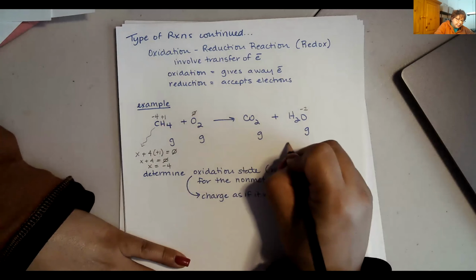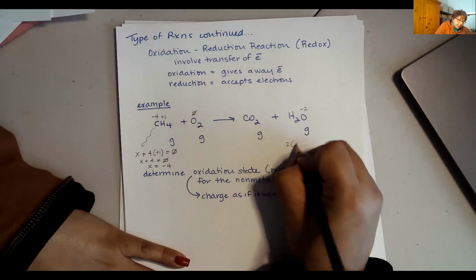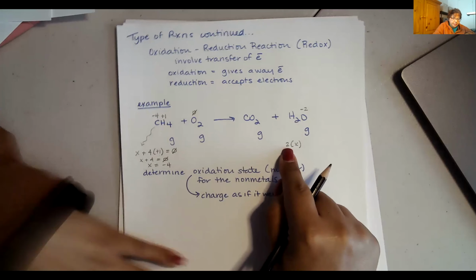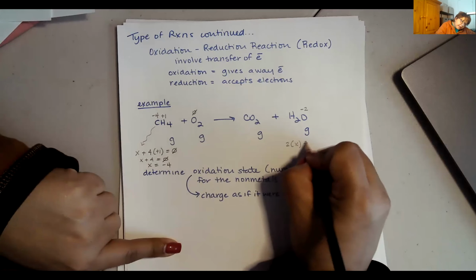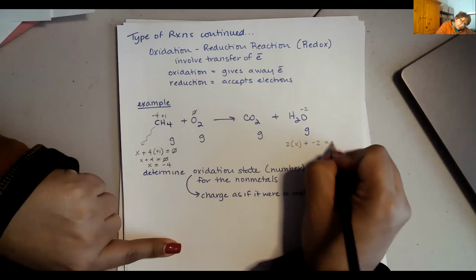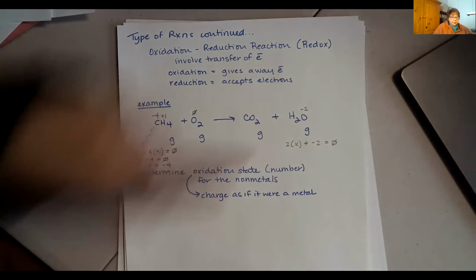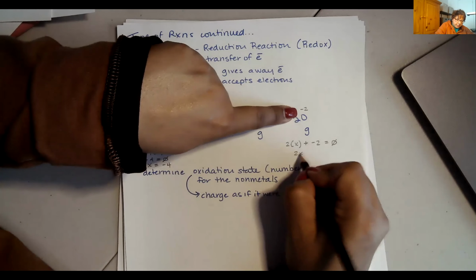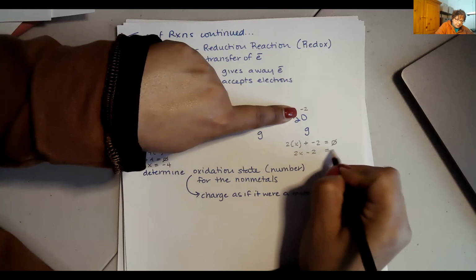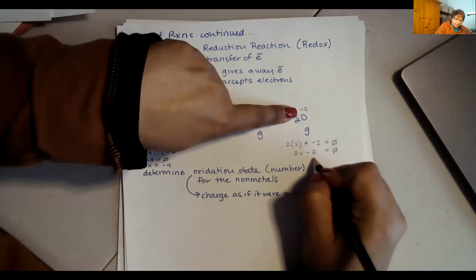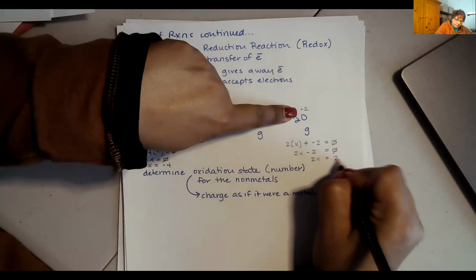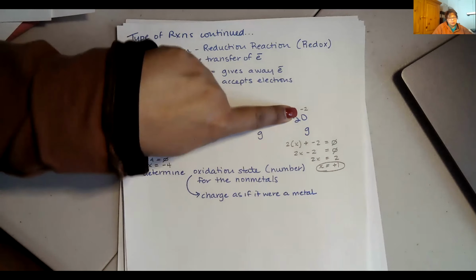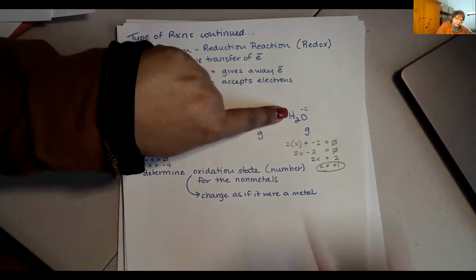So hydrogen is going to be some number times X, or some number times 2, because there's 2 of them, added to -2 is going to be equal to 0, because that's the charge on water. So 2x minus 2 equals 0. So the charge on each hydrogen is going to be +1.